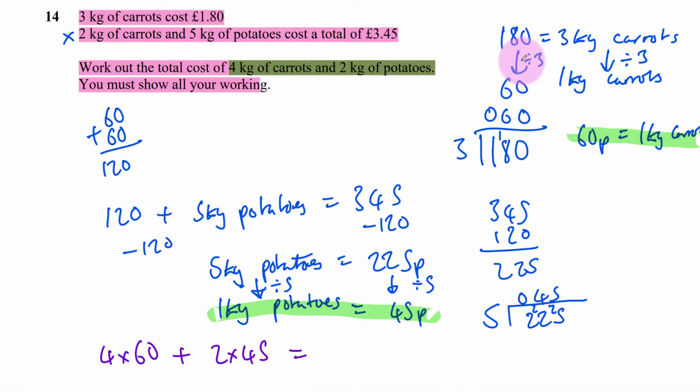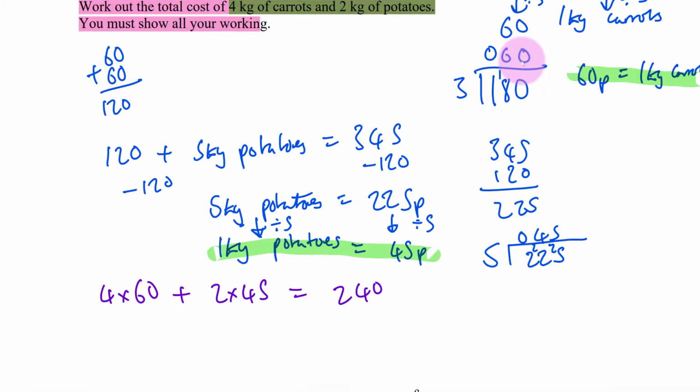Now, work that out however you would do that, but that's 240 add 90. That's 0, 3, carry the 1. That's £3, 330p. So if it asks for the answer at the bottom, that's £3.30, and that is really straightforward.